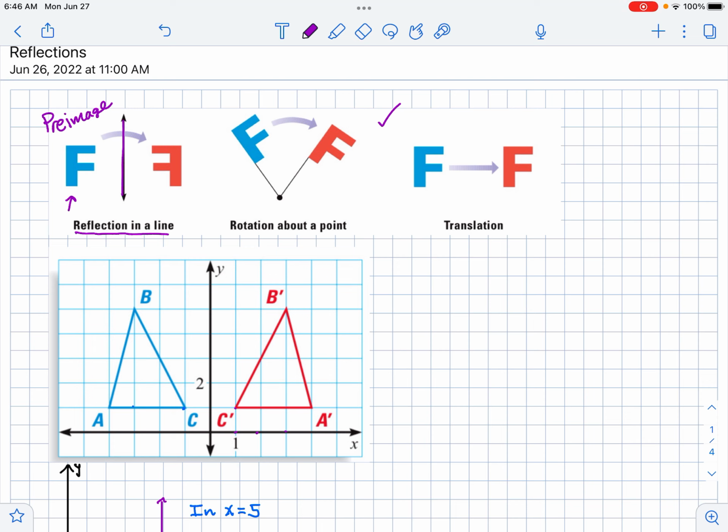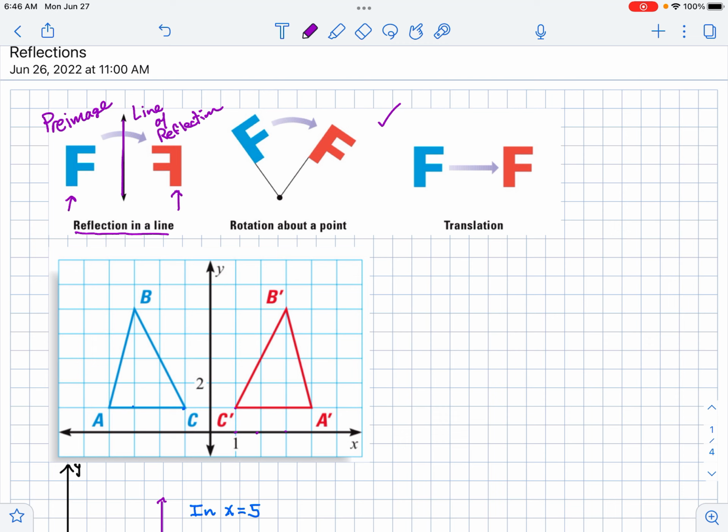This is called the line of reflection. And what you get is this F over here. It's like the mirror image. So it's like when you're looking in the mirror, you're the pre-image, and then the image is staring back at you.